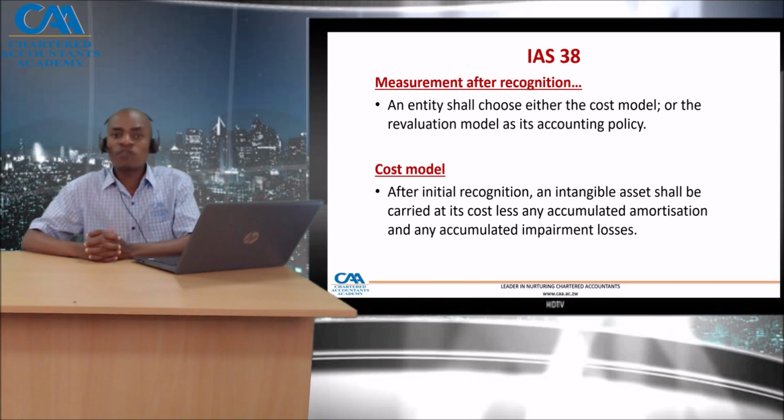Then we have also got the issue of residual value.